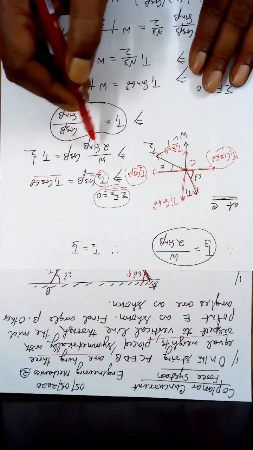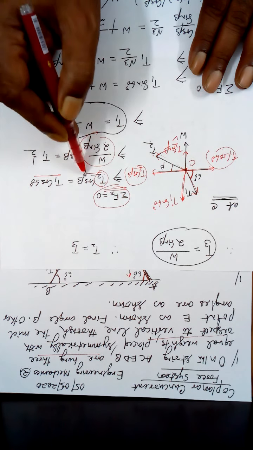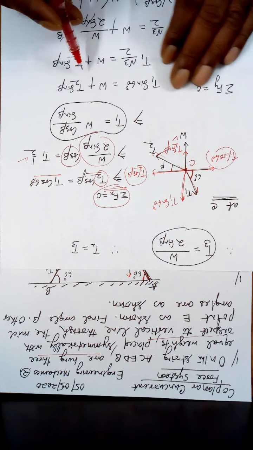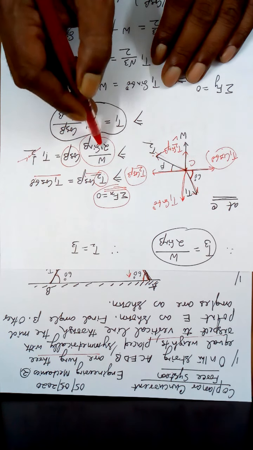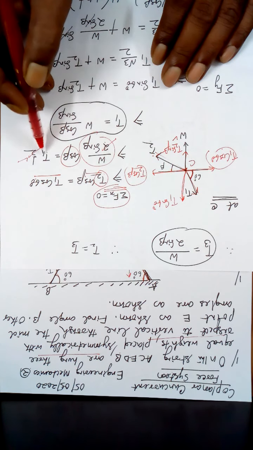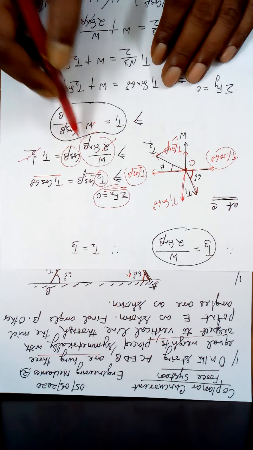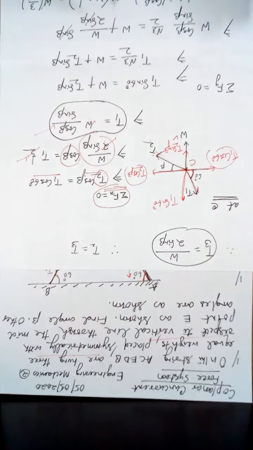So for T2 I put W over 2 sin beta, this cos beta remains same, T1 cos 60 is 1 by 2. So these two cancel with this. So I am left with T1 is equal to W cos beta over sin beta, right?